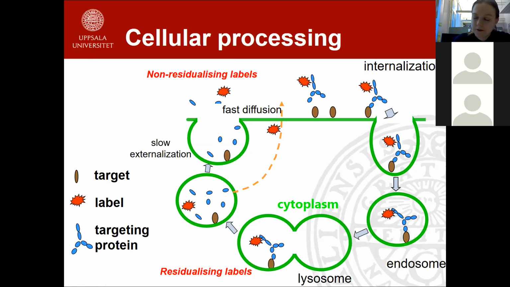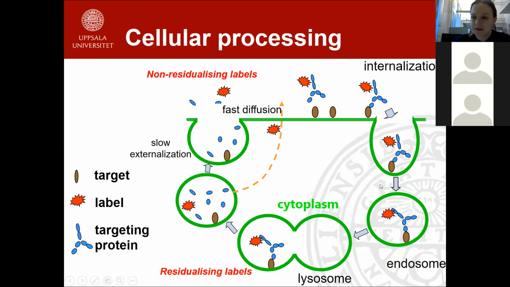So for every protein of interest and for every target, we study this process in the lab. We study how fast our protein of interest together with the receptor internalizes in cancer cells.